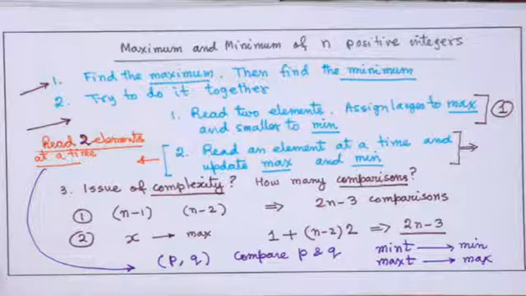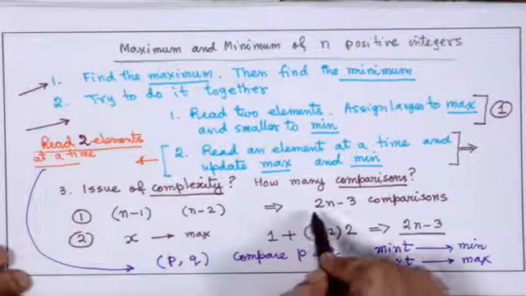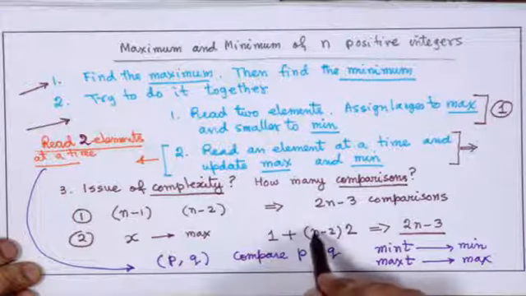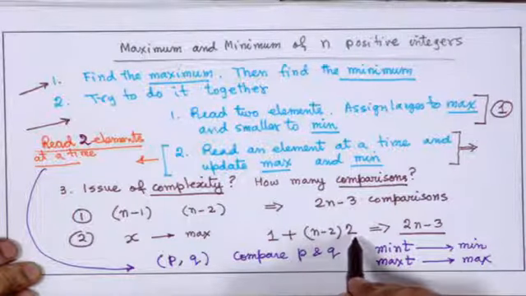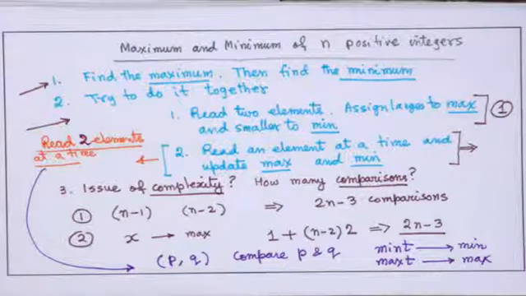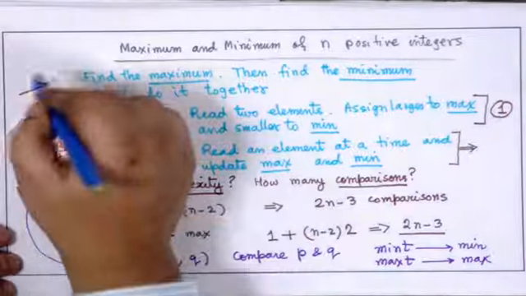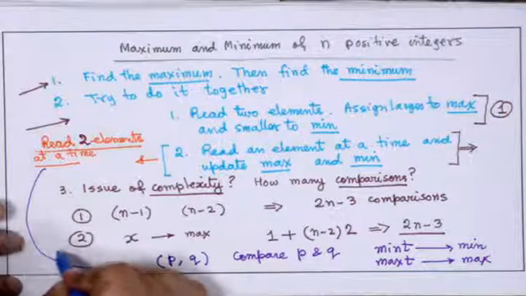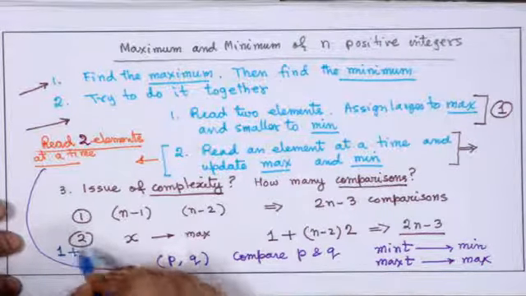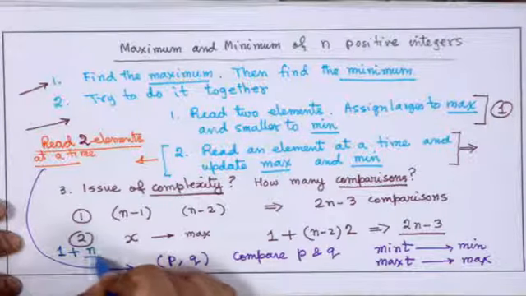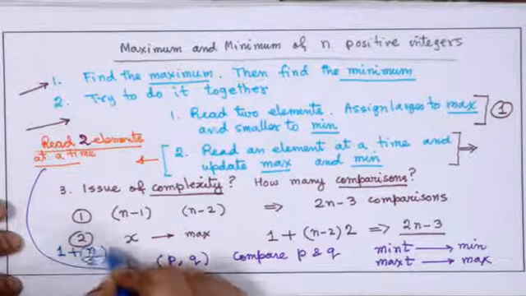So, now how does your complexity arise? Previously we were doing 1 plus n minus 2 into 2, but now what will be the comparison? In the new case, the comparison will be 1 plus n by 2 into 3.